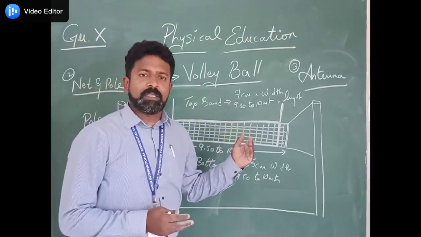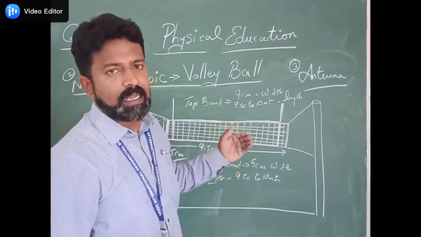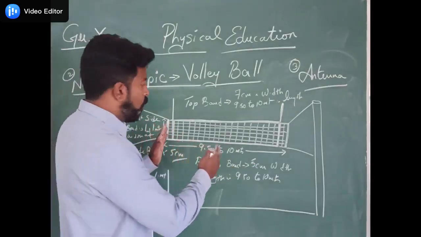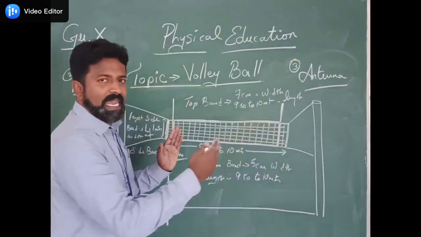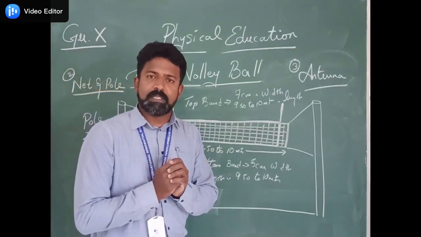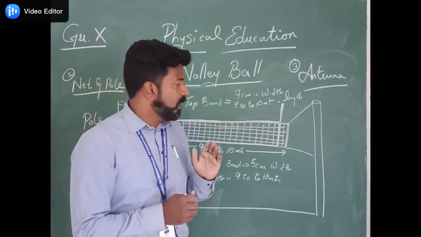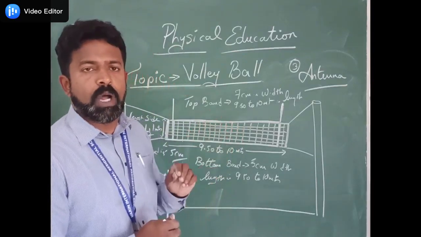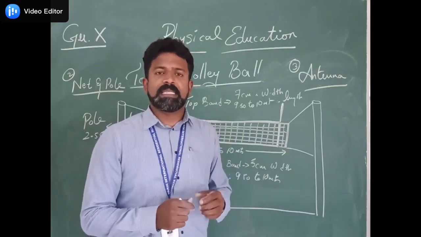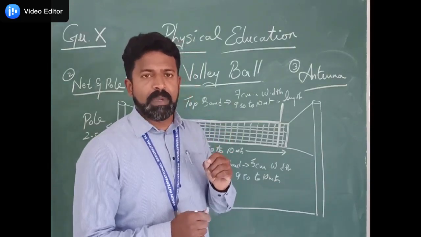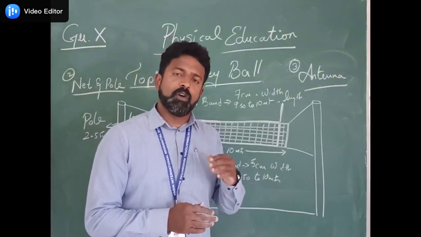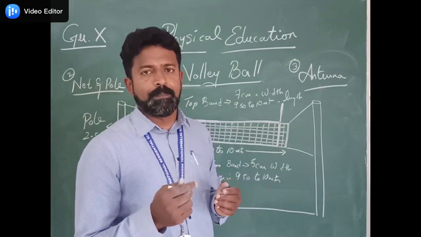The next topic is the antenna. You can see the antenna is placed on both sides of the net. It is going to limit the crossing space of the ball. The antenna measures 1.80 meters in length and 10 mm in diameter, and it is a flexible rod, or a similar material.